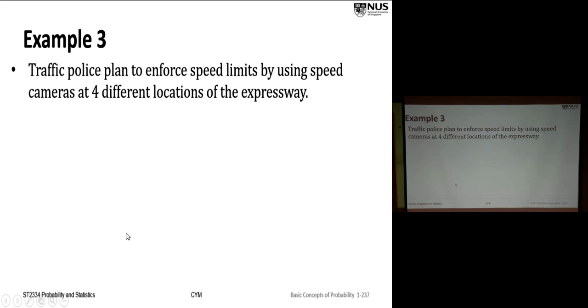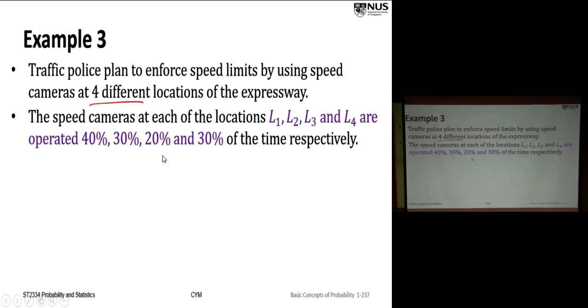This one is just a little bit more complicated. We drive along a road, and there are 4 locations with speed cameras. Assume that they operate 40%, 30%, 20%, 30% of the time.